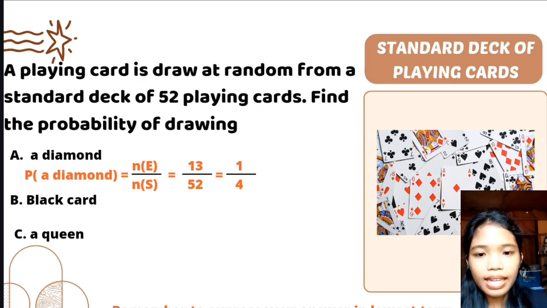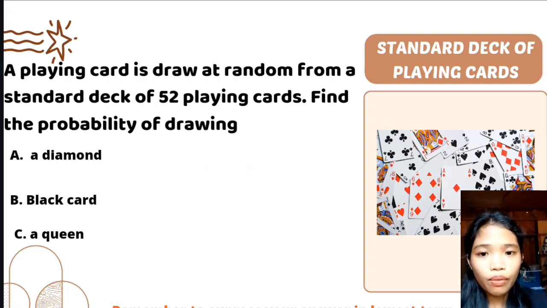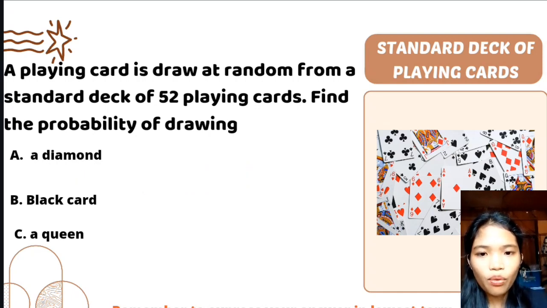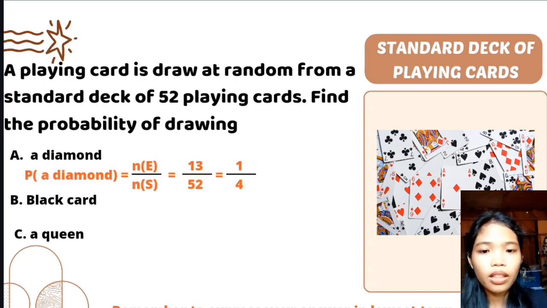So there are 13 diamonds. Meaning this is our number of events. Number of diamonds is equal to 13, and the total possible outcomes, the standard deck of cards, has 52 cards. So our answer is 13 over 52. Remember, we will express this in the lowest term. So our final answer is 1/4.